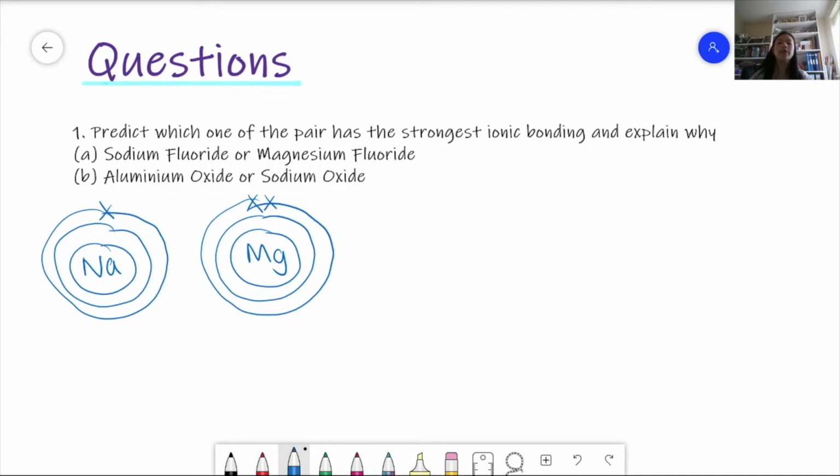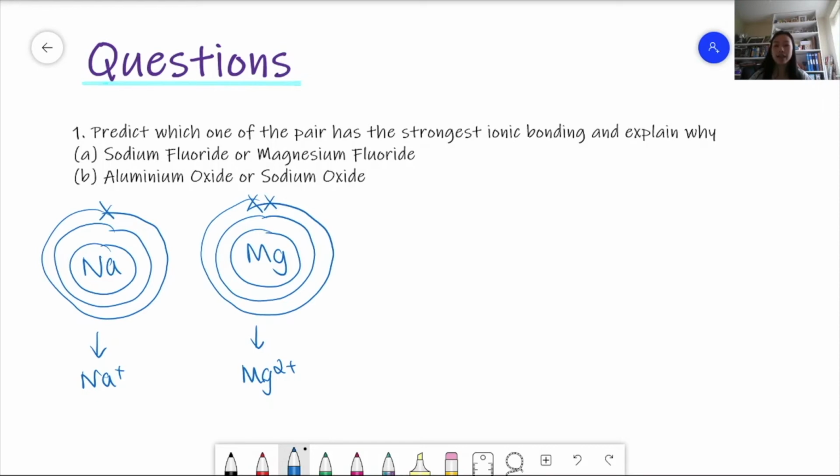And so straight away we can see that sodium would form Na+ ions and magnesium would form Mg2+ ions. And so from that we can see that the ionic bonding between magnesium and something compared to sodium and the same something would be bigger.